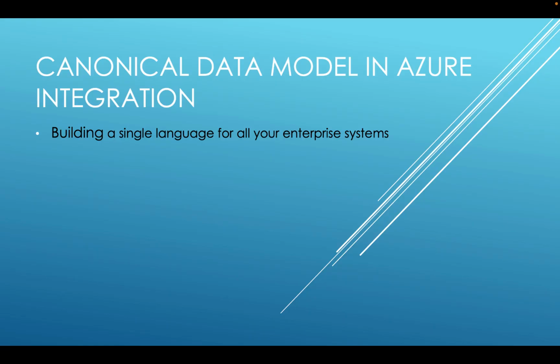So canonical modeling fixes that. It introduces one shared common language across your enterprise data ecosystem. It's like a new language which can be used to communicate in a unique way.